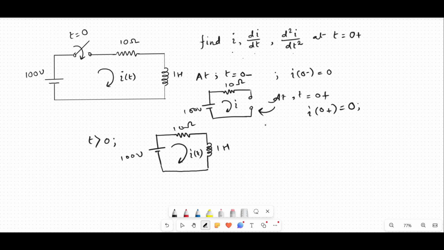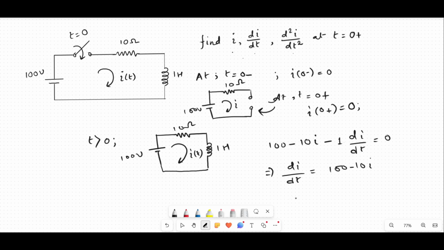If we write down the KVL equation here, it will be 100 minus 10 times I, since the current is I, then minus the voltage across the inductor, L di/dt. The value of L is 1, equal to 0. So the value of di/dt will be equal to 100 minus 10I, right?